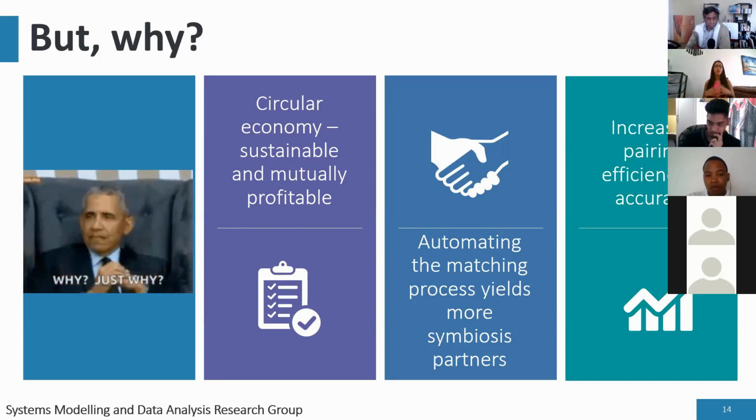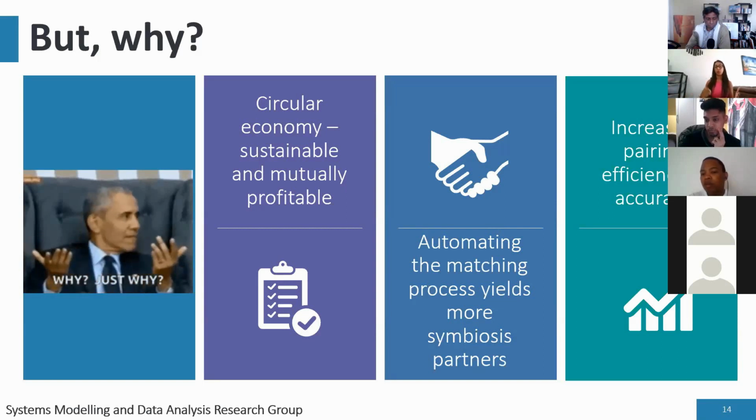Other than that, there's the automation of the process, like I mentioned earlier. By automating this process, we can include so many more companies. And by including more companies, we can find more pairs and create more industrial symbiosis partners in areas. That can really help push towards our sustainable development goal.